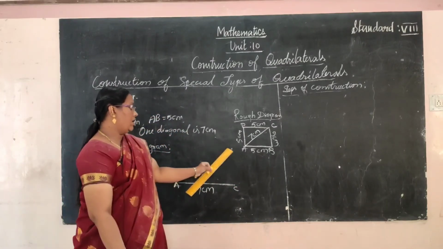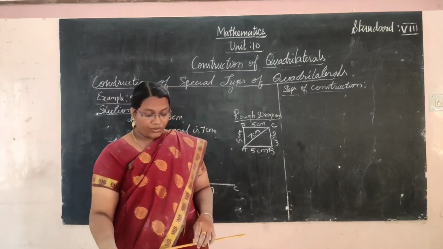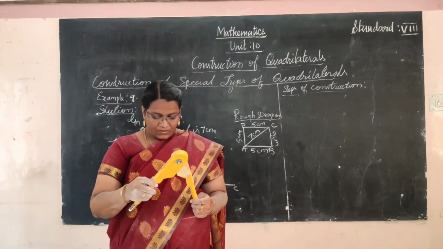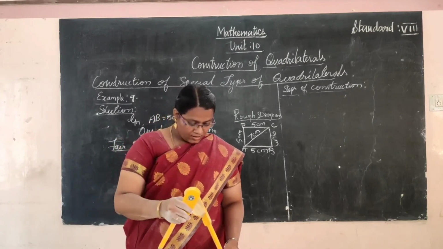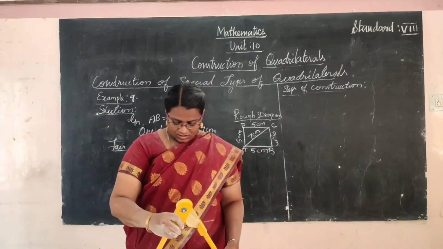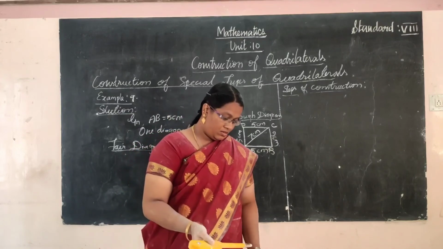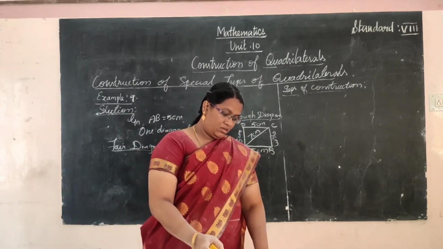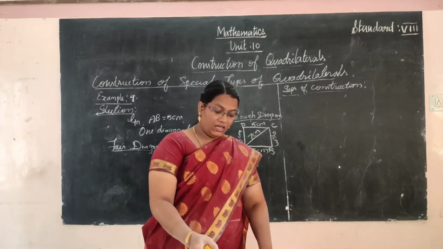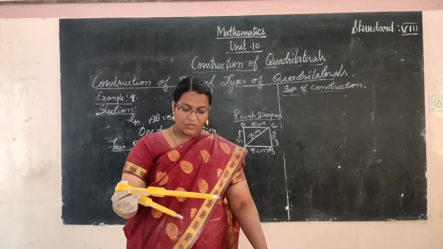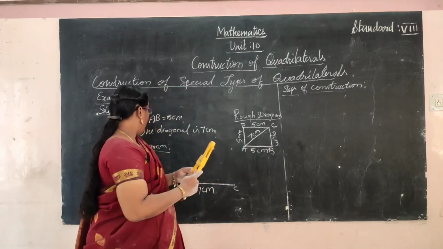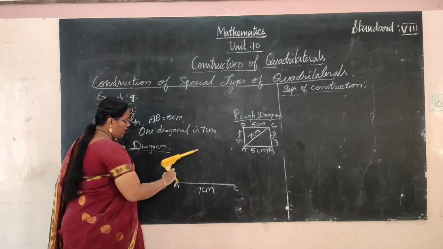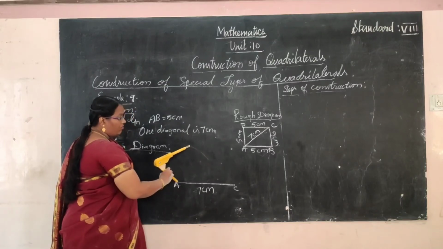Now using the compass, 5 centimeter with centers A and C. All the sides are equal in a rhombus, so with center A, draw the arc of 5 centimeter.